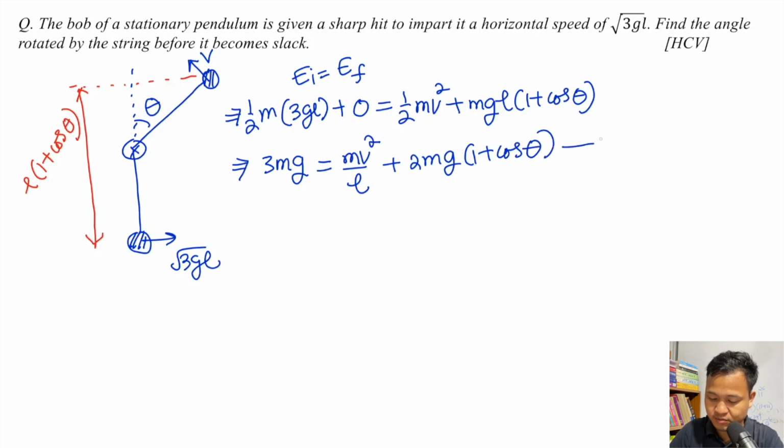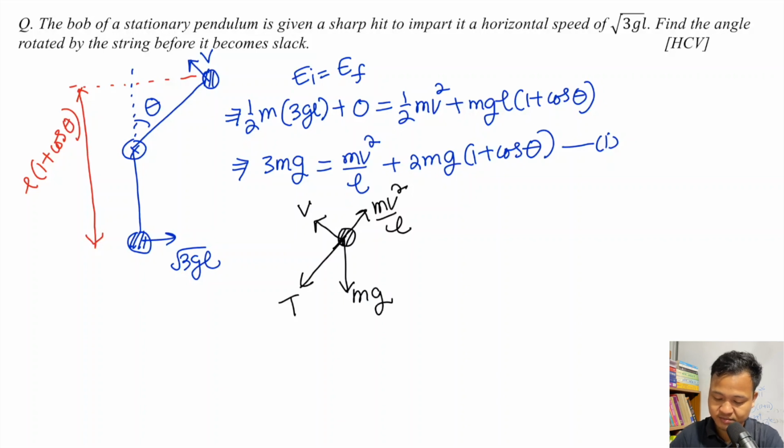At this particular instant, draw the free body diagram: tension, and opposite to tension you have m v squared by L, and mg acting downwards. The angle with the vertical is theta.